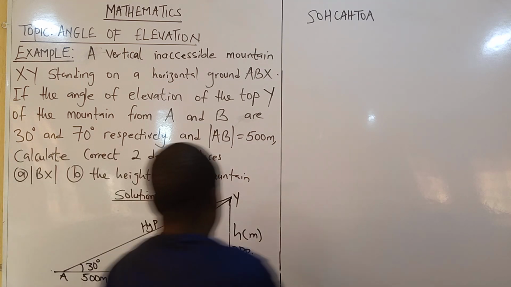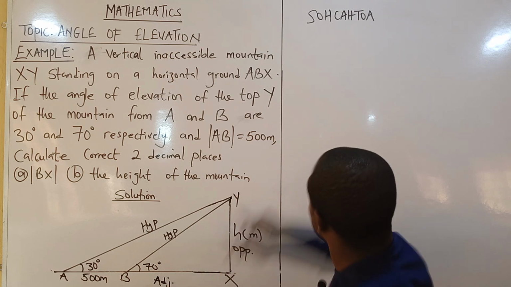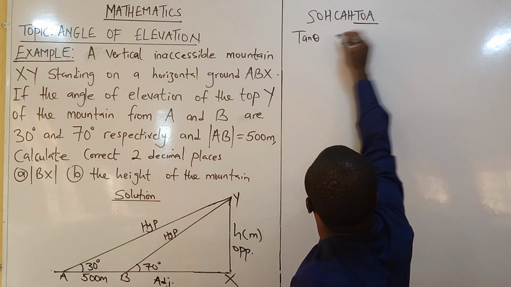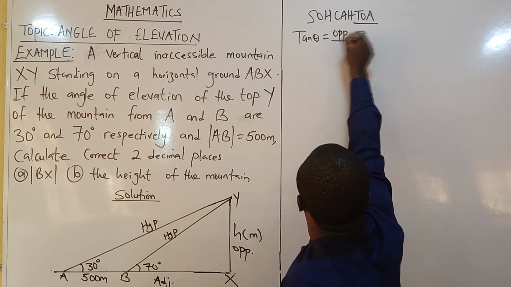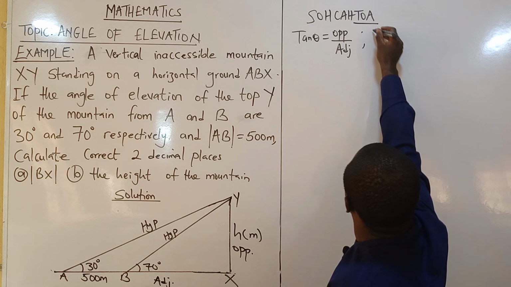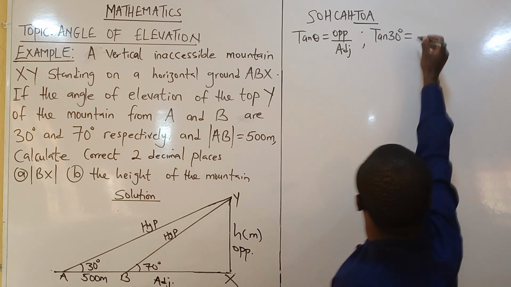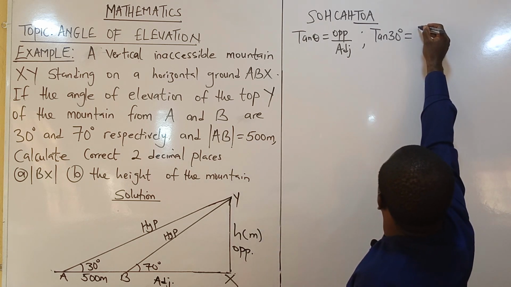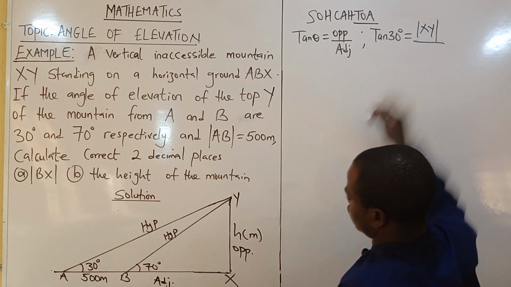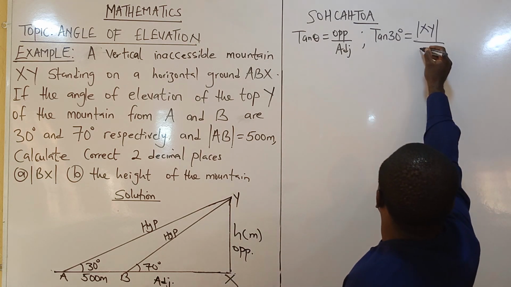Now since we are dealing with opposite and adjacent, we use tan theta. We are using this TOA. Tan theta equals opposite over adjacent. Now what's the angle? Tan 30 degrees equals opposite, which is line XY, over line AX.